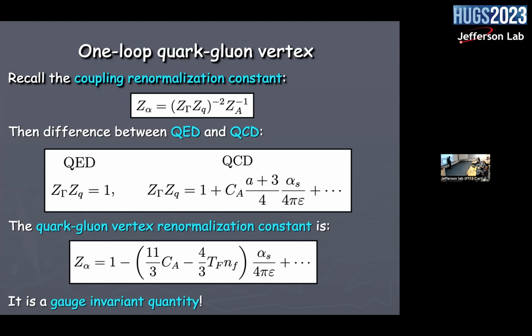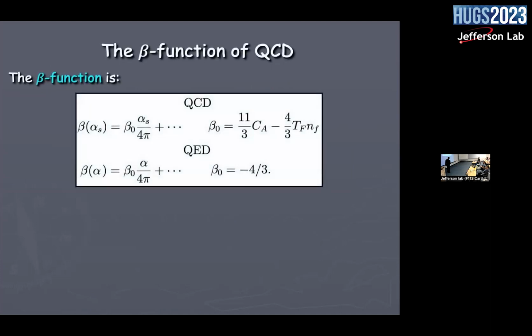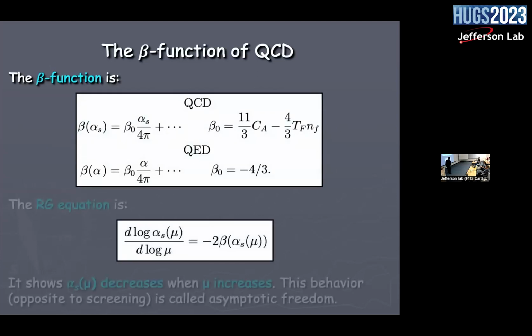But this gauge dependence will eventually disappear. Where will it disappear? Anyway, it actually cancels out in the calculation of alpha.